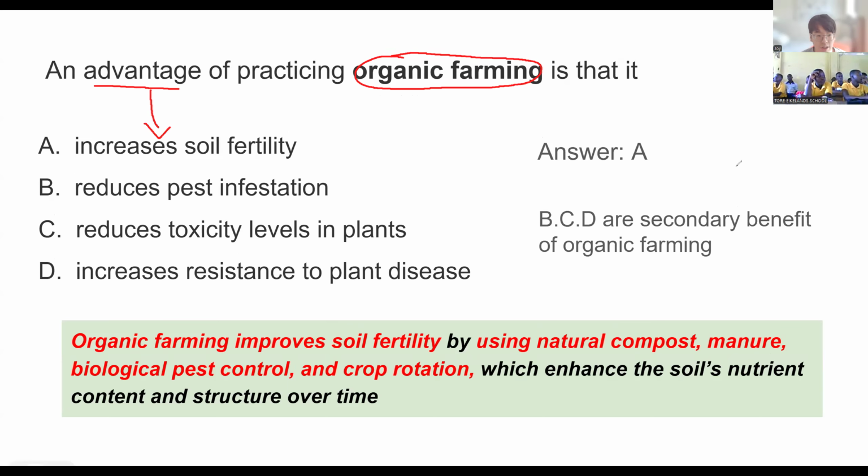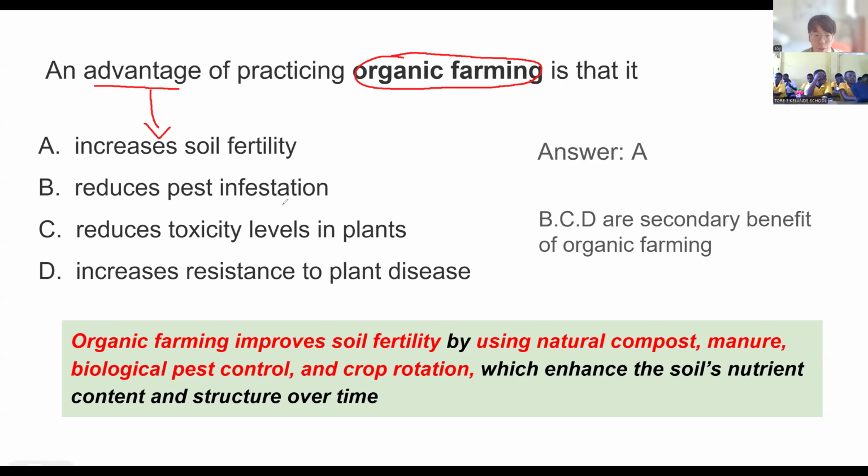And if you look at answers B, C, and D, they are just secondary benefits. So things like reducing pest infestation. Yes, that is also part of an advantage of organic farming, but it is more of a secondary benefit.